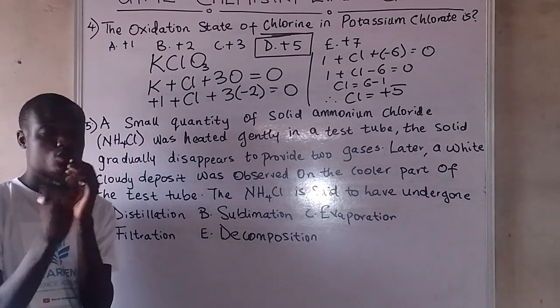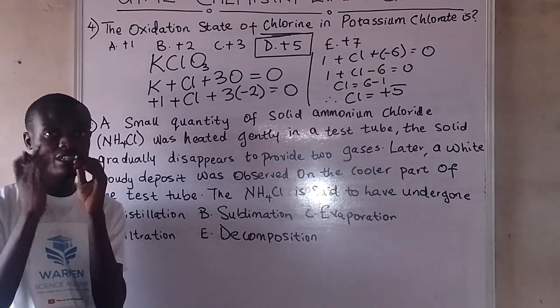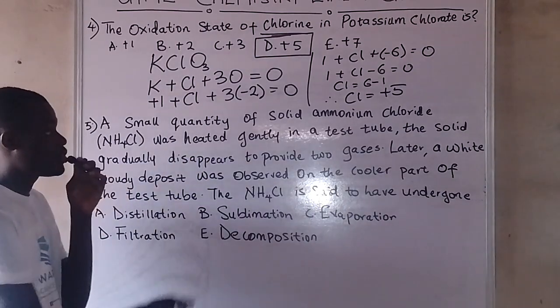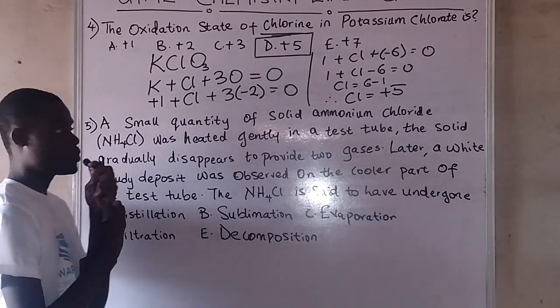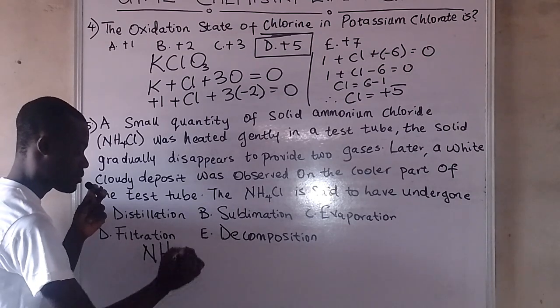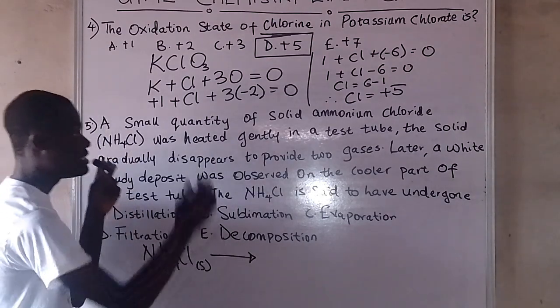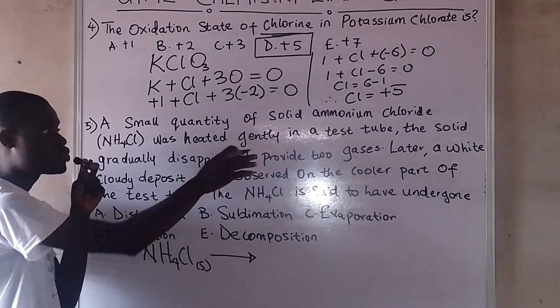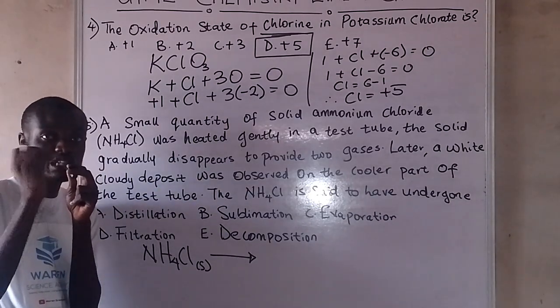So what I'm going to do is analyze every part of this question till we arrive at our final answer. The first part of the question says there was a small quantity of solid ammonium chloride, NH4Cl, in the solid state. When heated, it gradually disappears to provide 2 gases. Now, what happens when you heat solid ammonium chloride?